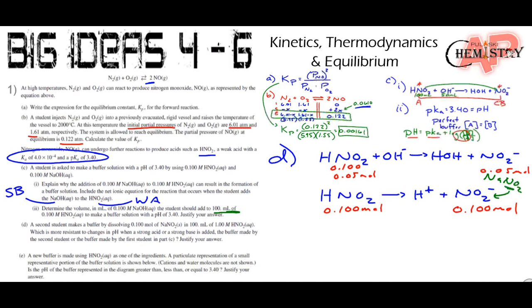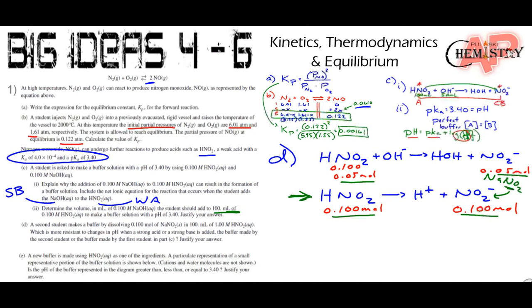So although I have equal amounts of both, a perfect buffer has equal amounts of an acid and a conjugate base, or a base and conjugate acid, and the larger amount can help resist pH change more. So the answer is the student from letter D, or the second solution, because it has larger amounts.